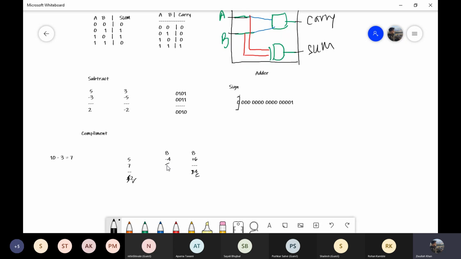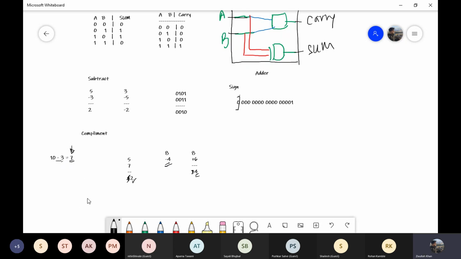So because subtraction is a difficult operation, what you do is you change the negative number to a positive number, and then you perform the addition operation. And the trick to that is you calculate the difference of this number from the radix.